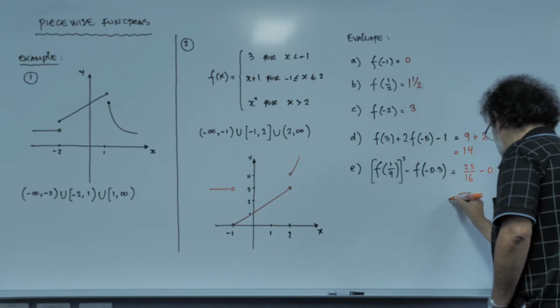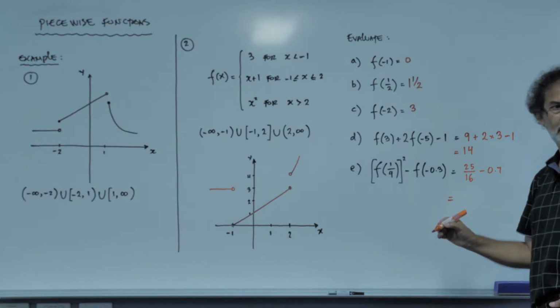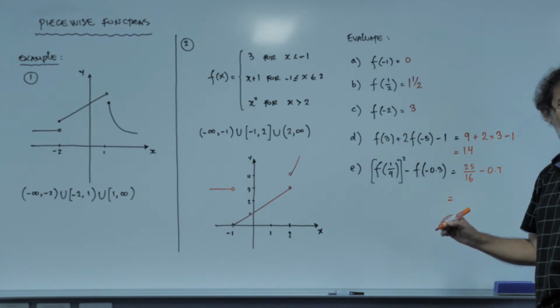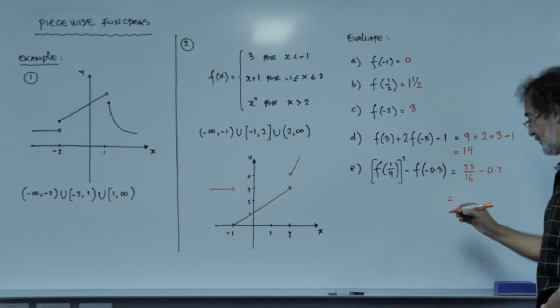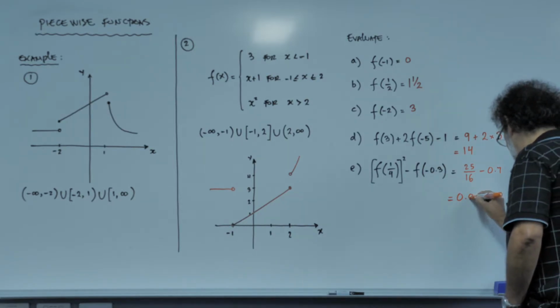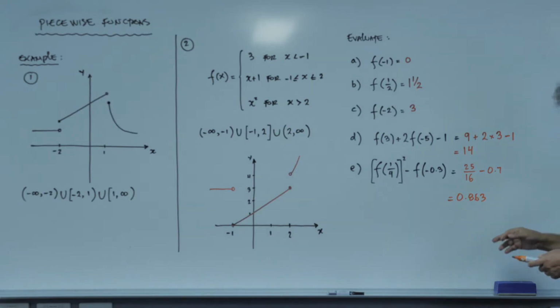And then what is the final answer? 0.863. Just give me 3 decimal places. 0.863. All right. Is that the answer? Yeah.